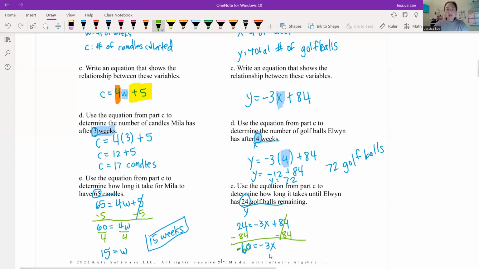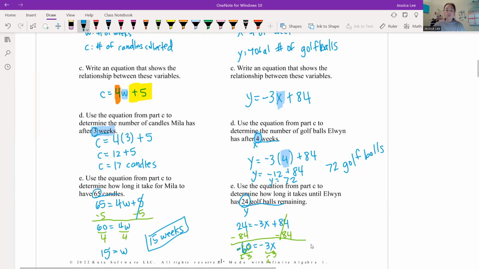Make that be -60 is equal to -3x. And if we're losing them at a rate of 3 golf balls per week, how many weeks is that? So we're going to just divide that by -3. Okay, guys, that's a -3. I know it looks weird, but it's a negative.